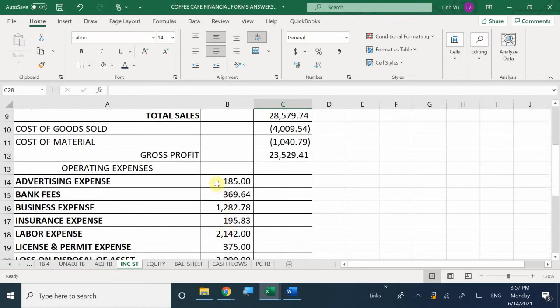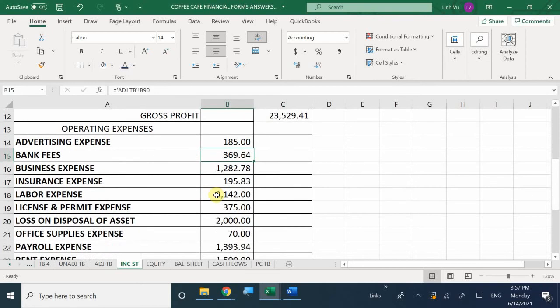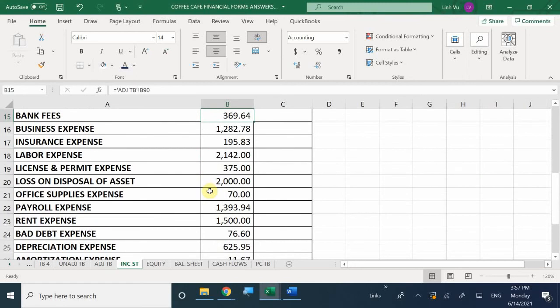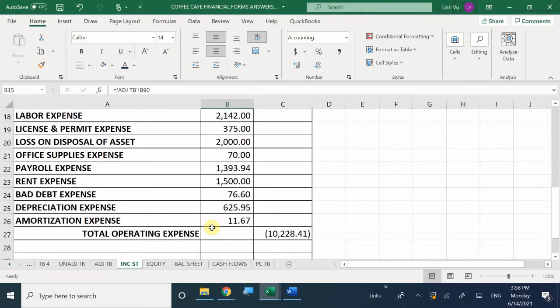Okay. Starting on the left side, we have advertising expense, bank fees, 185, 369.64, 1282.78, 195.83, 2142, 375, 2000, 70, 1393.94, 1500, 76.60, 625.95, 1167.